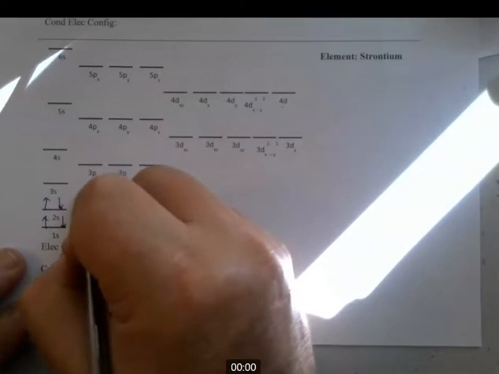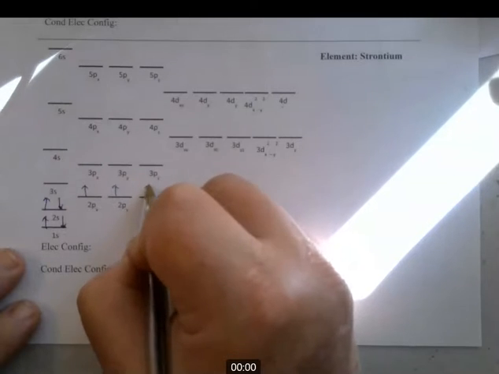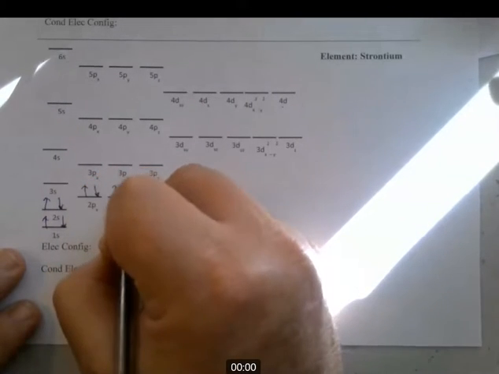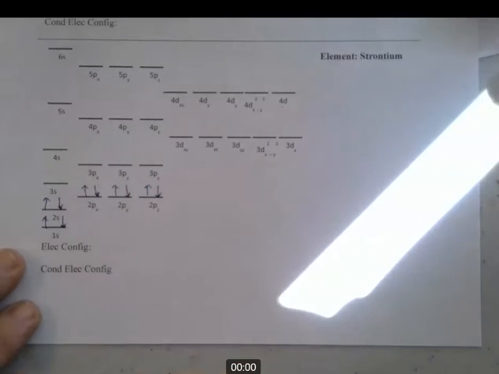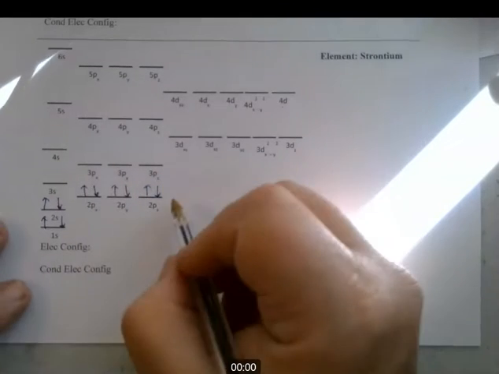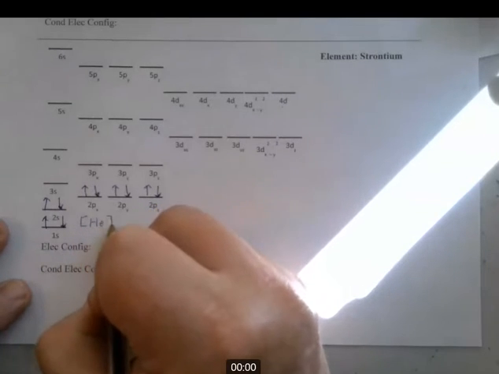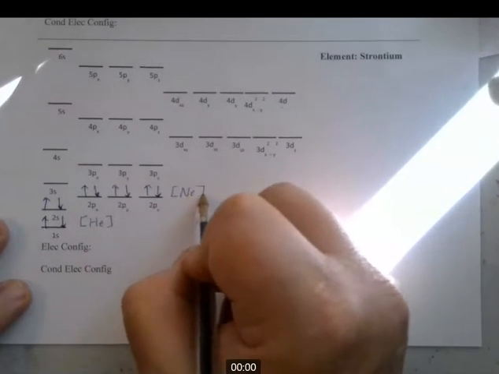You have an up arrow, you spread out your up arrows, Hund's rule, and then you pair up your arrows in opposite spins. That's Pauli exclusion, that an up arrow and a down arrow have to be paired together. So that takes care of that. So this we said was helium. This is going to be neon. You don't have to write these, but just so you have a reference, kind of where you are.